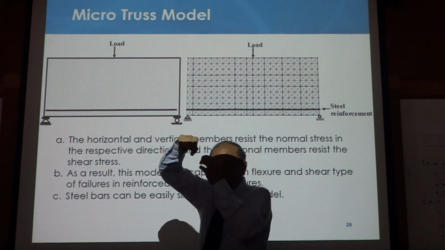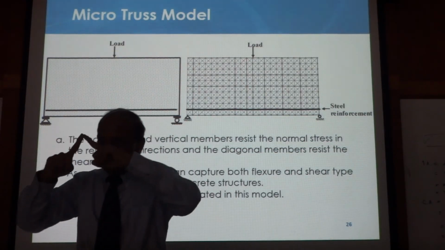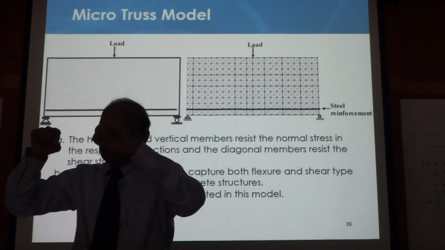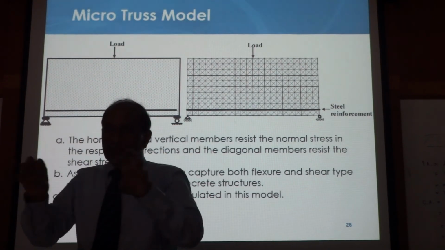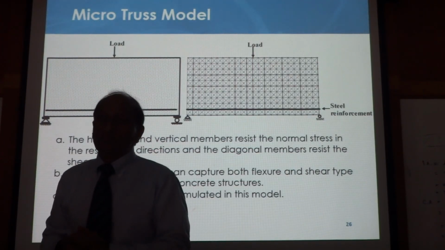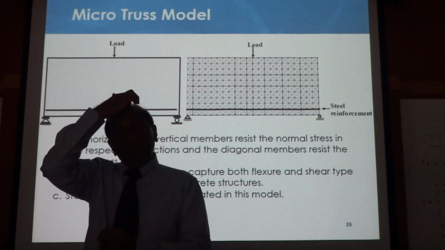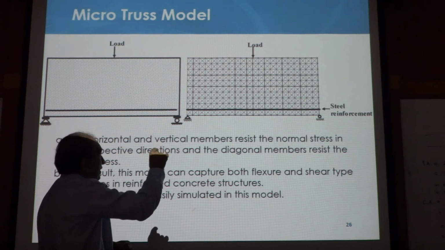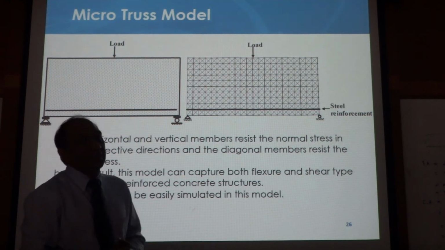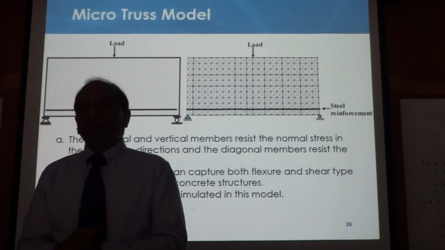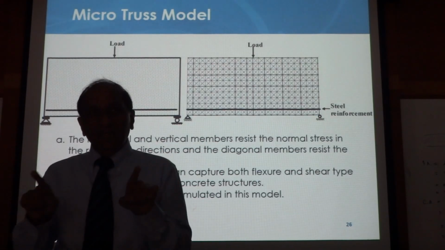If it's a load, then from there you can say, okay, this load that is coming down can go into two directions. You can then go to the next node and keep on distributing it until you can find all of these stresses, right? So this idea of using these micro trusses or micro elements was originally used and can still be used to calculate the stress state inside an element.